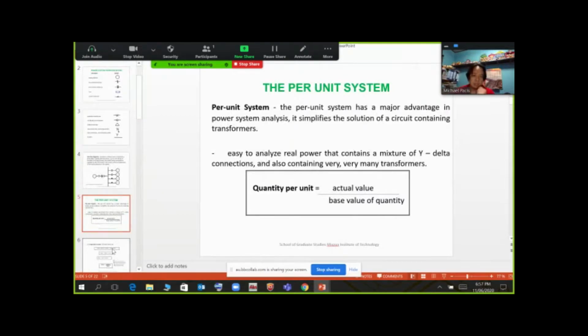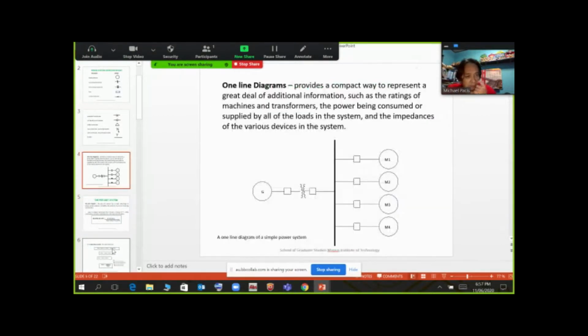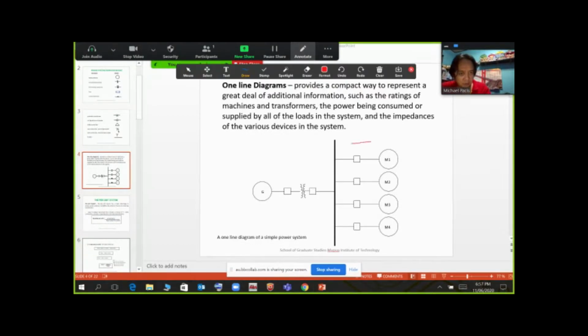So now we know what a power system is and what a single line diagram is all about. The question is, how can you analyze a certain system? You need to have the fundamentals of a per unit system. If we go back to the last slide, if I ask you to solve for the motor current, I could say IM.